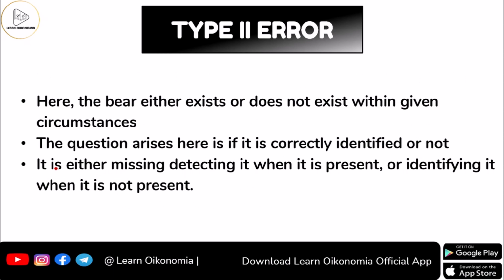And here the bear exists or does not exist within the given circumstance, but whatever you consider is that there is no bear. And the question arises here is if it is correctly identified or not. Is it possible for you to identify the bear correctly, either missing detecting it when it is present, or identifying it when it is not present?